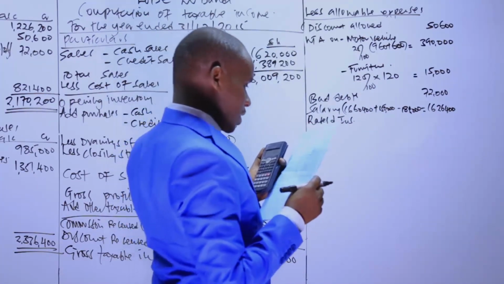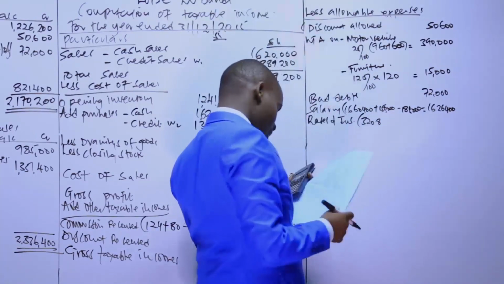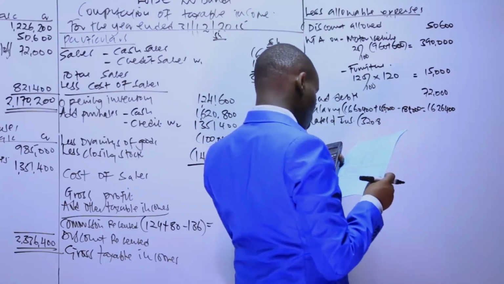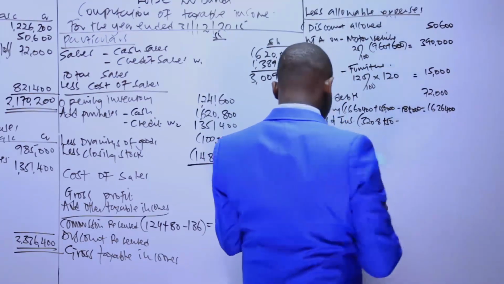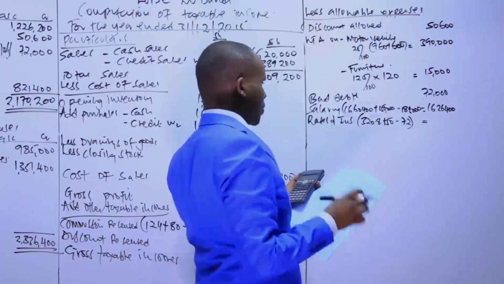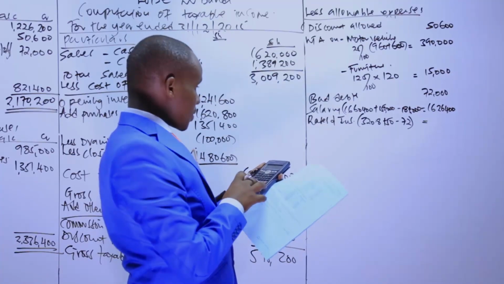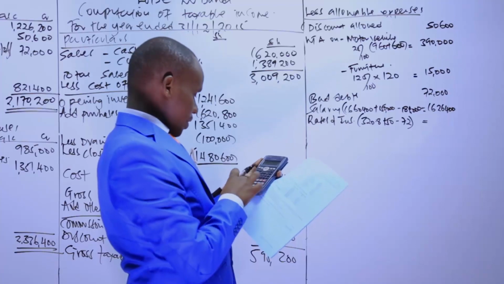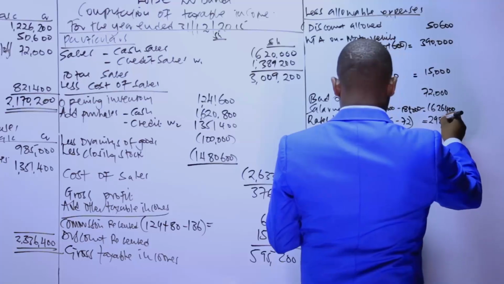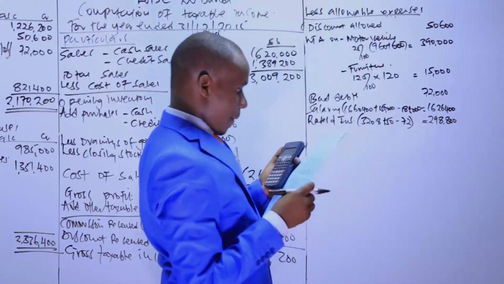The rates paid is 320.8. But for rates we have prepayments. For prepayment we add as at start, so plus 50, minus as at the end 72. This is not for this year, it is for next year, so we less. So 320,800 plus 50,000 minus 72,000. You get 298,800.